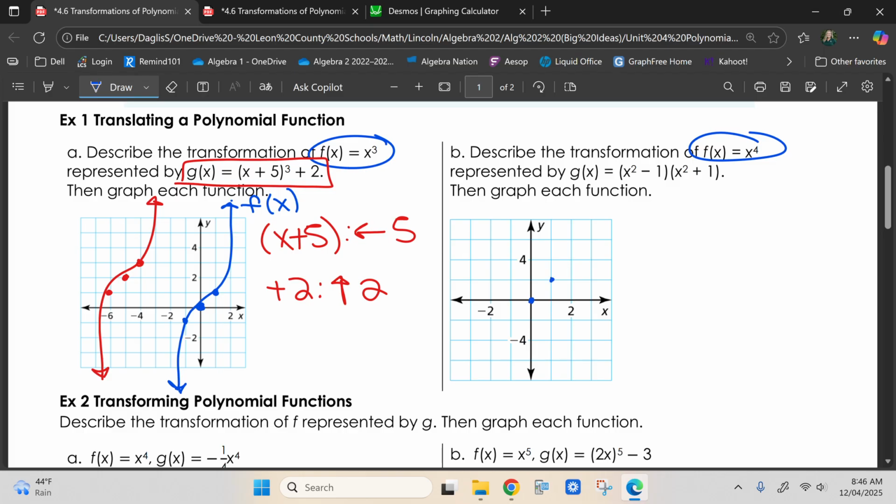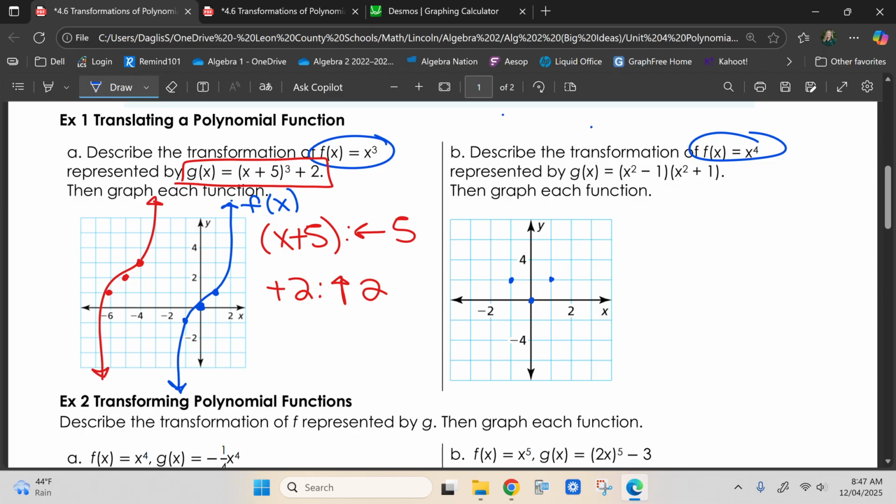What's 2 to the power of 4? 16. Up there. How about negative 1? What's negative 1 to the power of 4? Oh, wait, no, positive 1. What's negative 2 to the power of 4? Up there. So it's going to look like a quadratic, but this is when Desmos comes in.